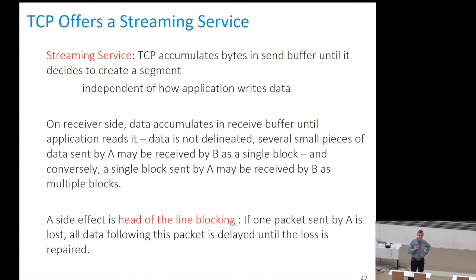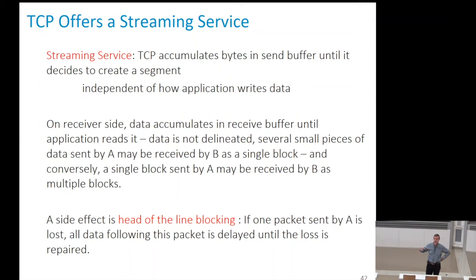But this might not always be efficient, because if an application is writing byte by byte, for example, and doing that very fast, TCP might as well gather a number of bytes to create only 1 packet. Instead of sending 500 packets within 500 milliseconds, it might be better to send a smaller number of packets that have more bytes. In other words, TCP has the freedom to create the segments at the source.